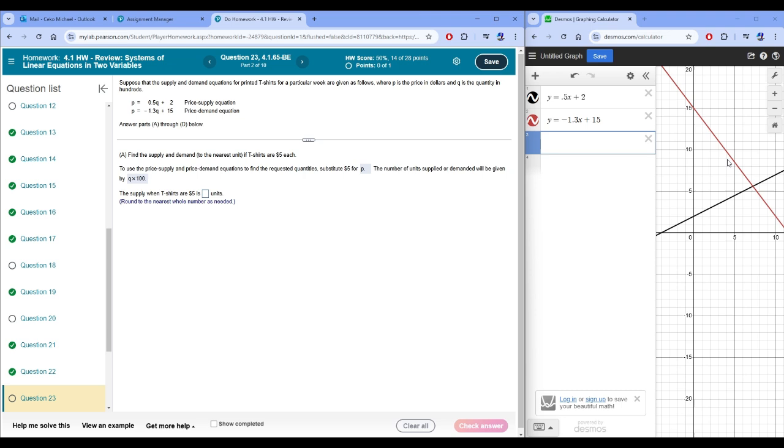So now I'm gonna go, let's go x equals 5, just so I can find that intersection. So that's 8.5 times 100, so that should be 850.